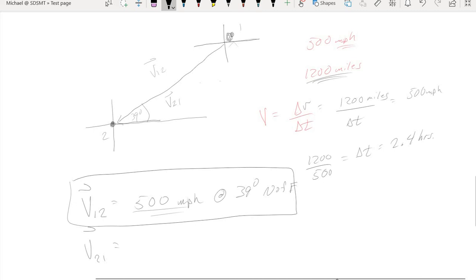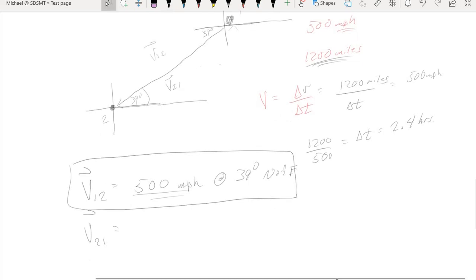The x-axes that I have here are parallel lines, and opposite angles of lines that intercept parallels are equal to each other, and so I can say that v21 is 500 miles per hour at 39 degrees south of west.